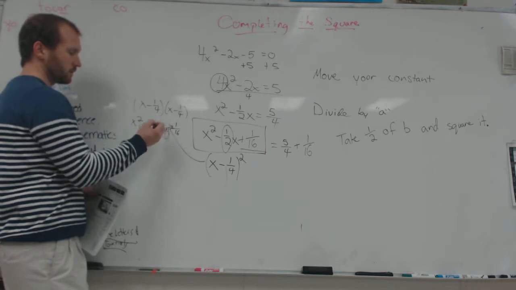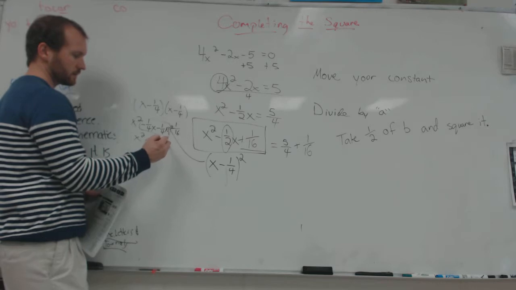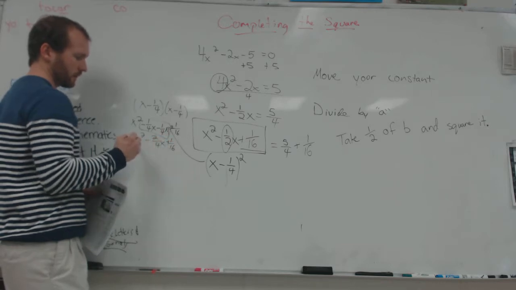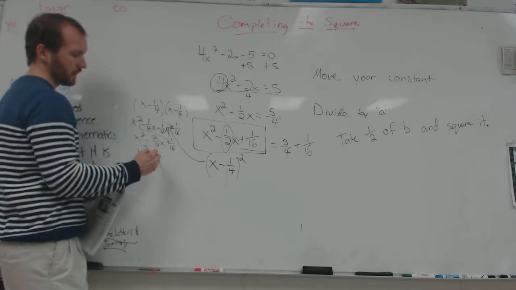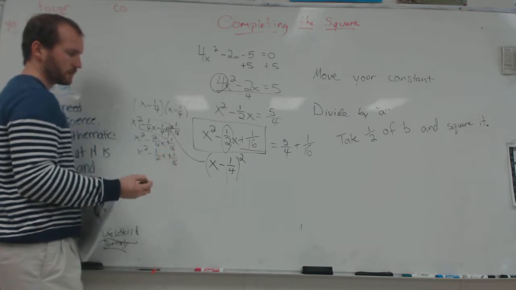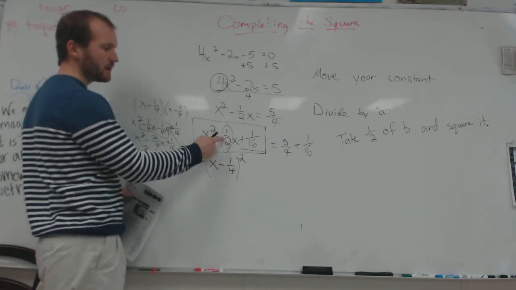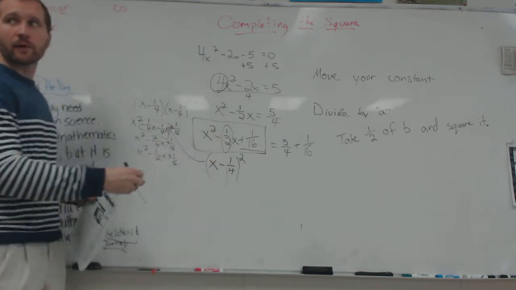And these two combine to be minus 2/4 x, which is minus 1/2. So that does work. And the 1/4 is always going to be what I got when I got 1/2 of that.